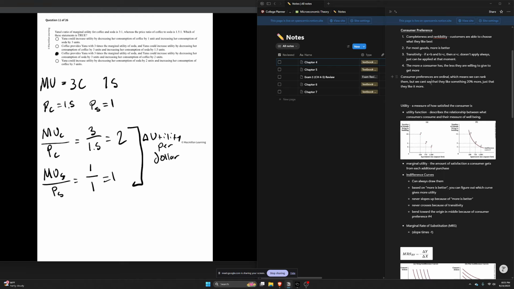My bad. We're using this formula. So MUC over PC equals the... what am I looking at? Coffee provides... Sorry, I need to reteach myself how I did this.